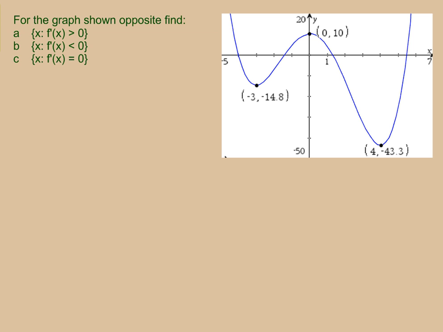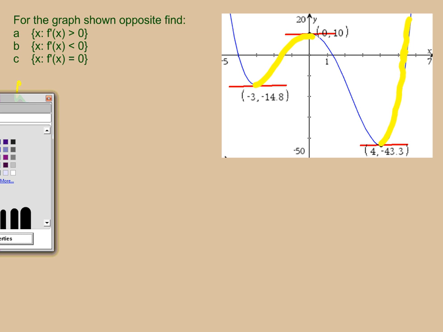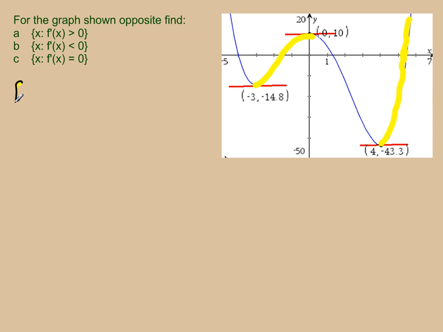Okay, let's take another example here. So firstly, let's change the color back to black. The gradient is positive. So the yellow parts of the graph here show when the gradient is positive. So you can see that's between negative 3 up to x equal to 0.